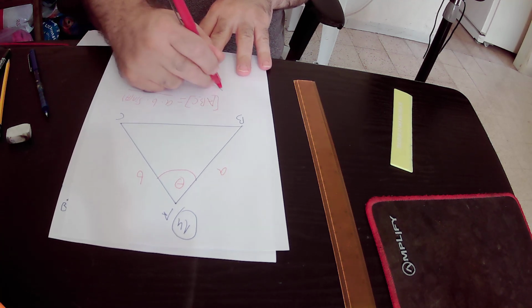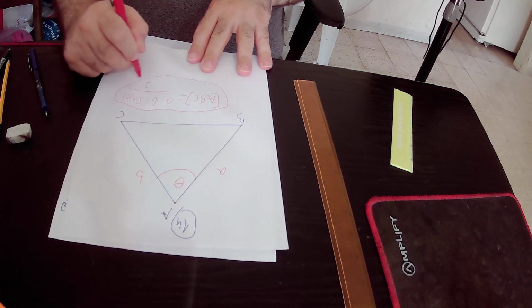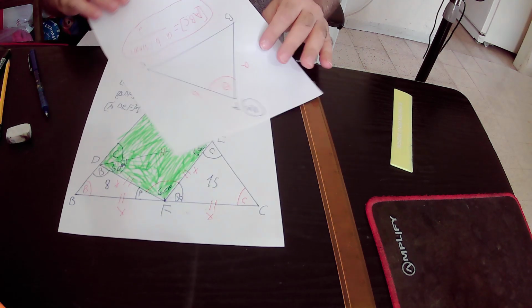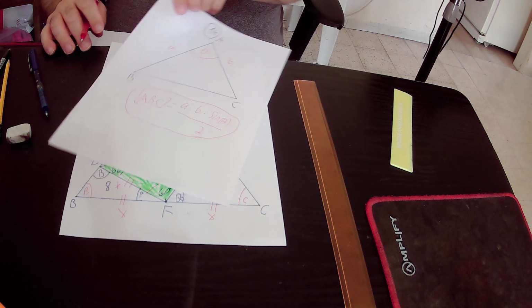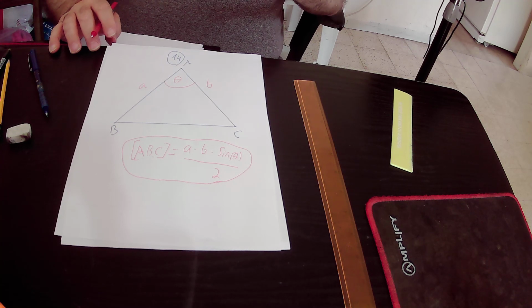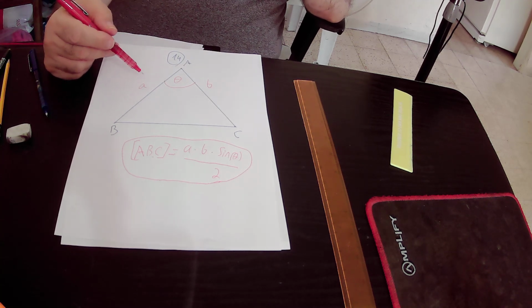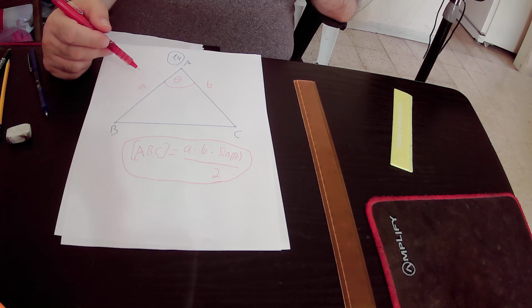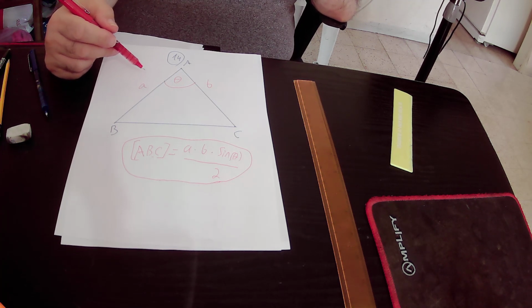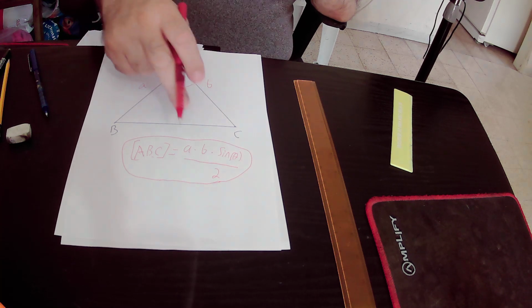Again, the area of this triangle we can calculate by this formula for the area of any triangle, because ABC can be any triangle. So the area of triangle ABC equals A times B times sine theta over 2.